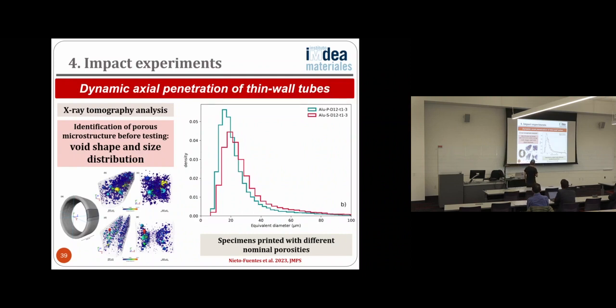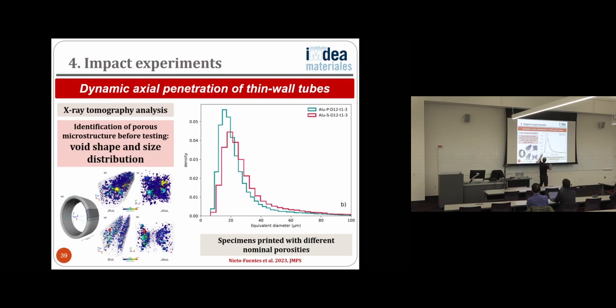Here you can see again a rendering of this portion of the tube. The tube is longer; this is just the end of the tube where the projectile impacted. Here you can see the rendering of the distribution of porosity, and the color coding simply gives us an idea about the size of the pores.